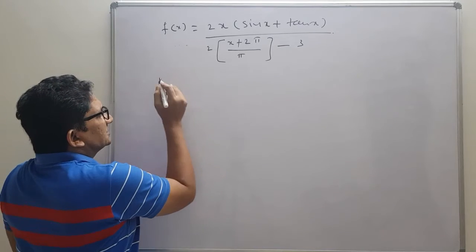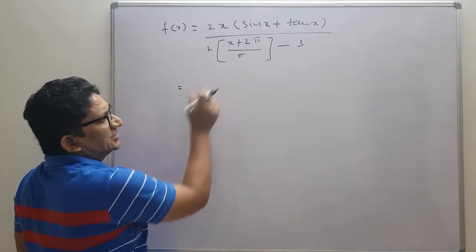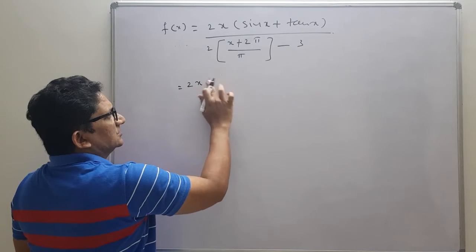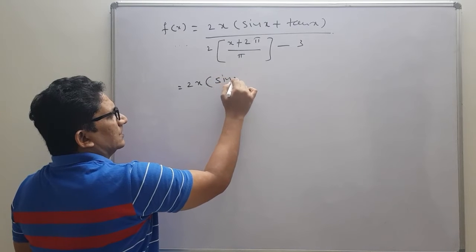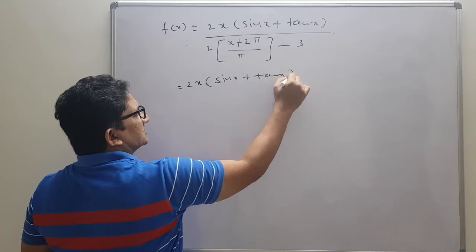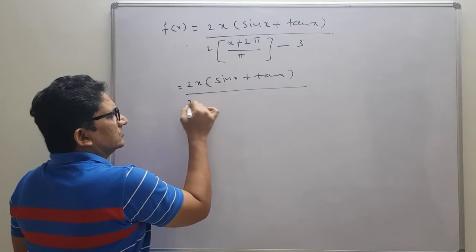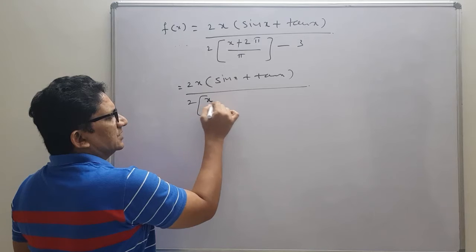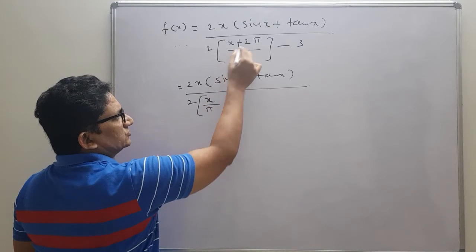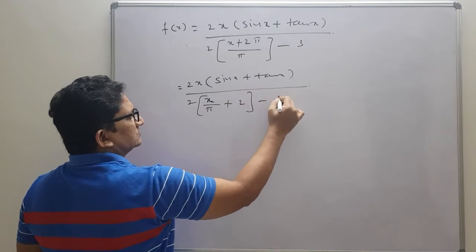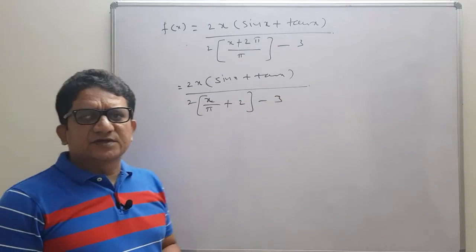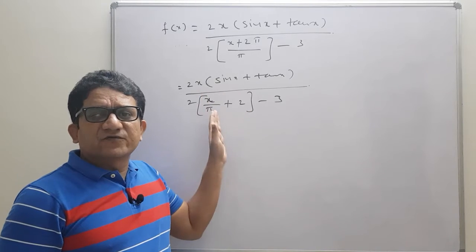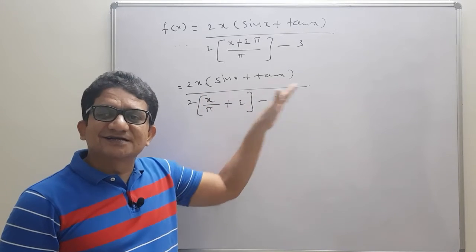First we'll simplify, because there are so many terms. We'll write this in the simplest form: 2x into (sin x plus tan x) divided by 2 times, and this we can separate, x by pi plus 2 pi by pi, which is 2. The reason is that in the denominator we have the greatest integer function of some value plus an integer, so we can send the integer outside.